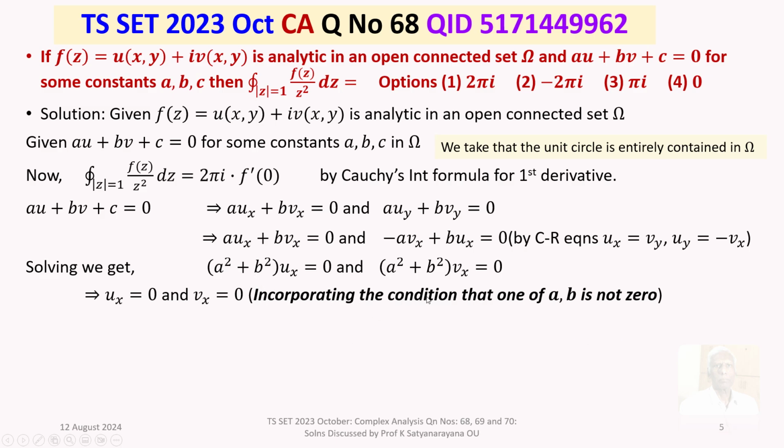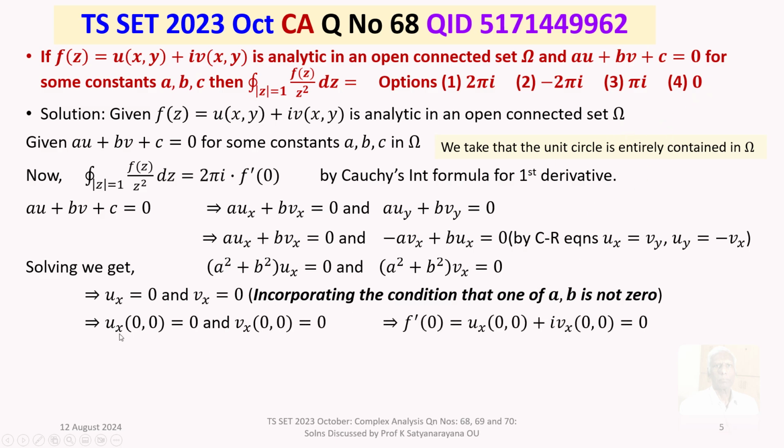And this condition also should have been given in the question. They said for some constants a, b, but the condition is that at least one of these a, b is not 0. Then a² + b² is not 0, and thereby u_x = 0 and v_x = 0 in omega.